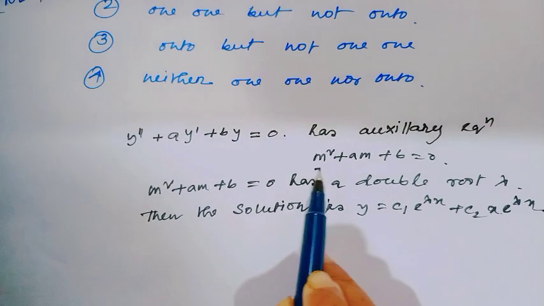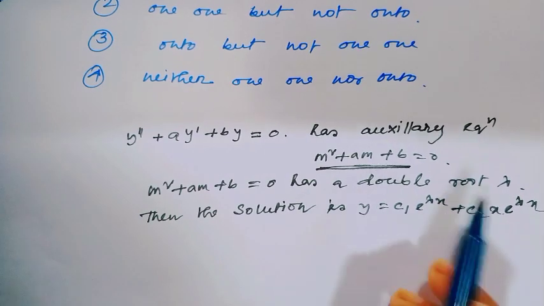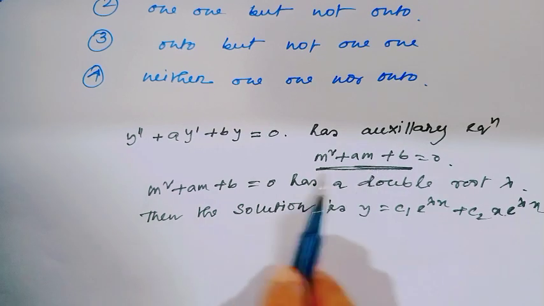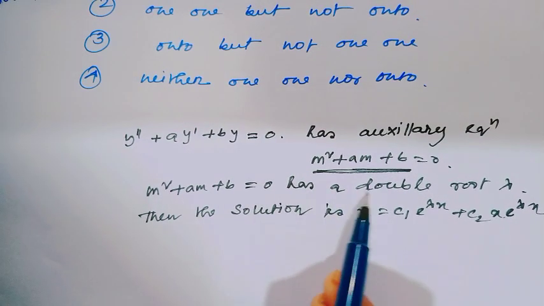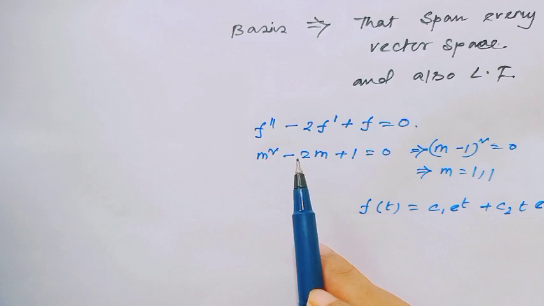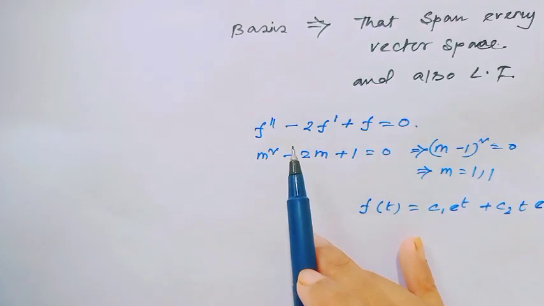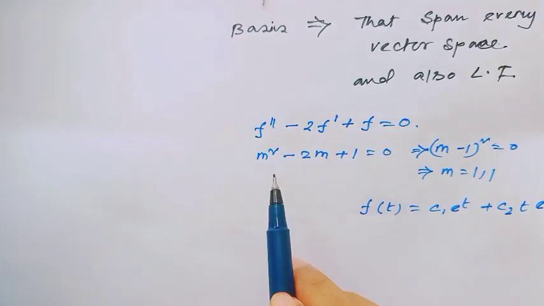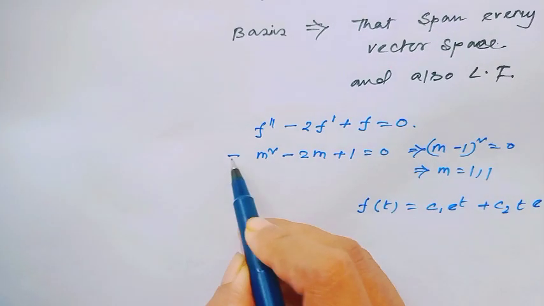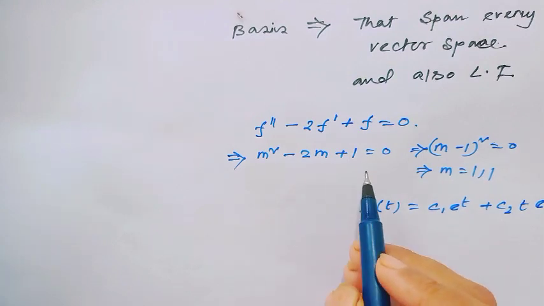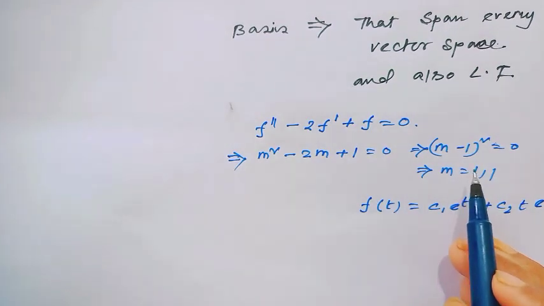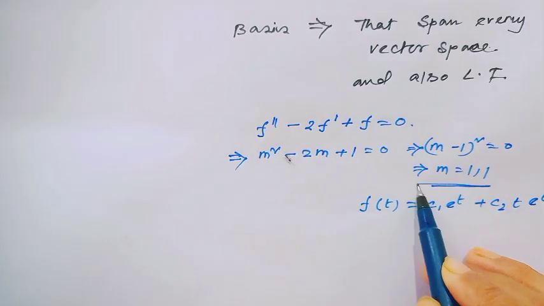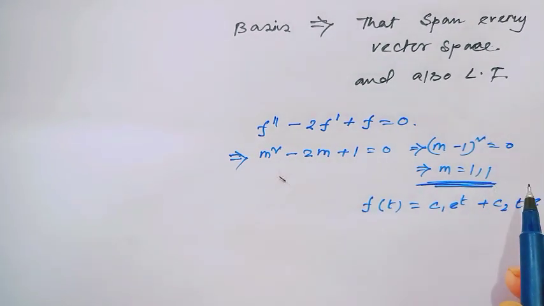We all know, I have taught this in second year, this type of differential equation may have a double root. In the question, the given equation is the same as the auxiliary equation m squared minus 2m plus 1 equals 0. That implies (m minus 1) whole squared equals 0, so the roots are 1 and 1.